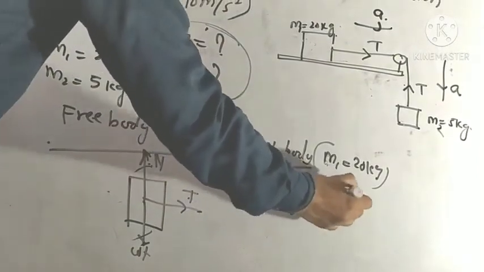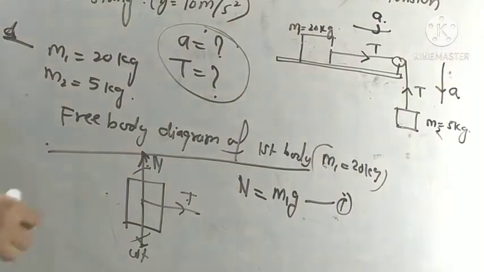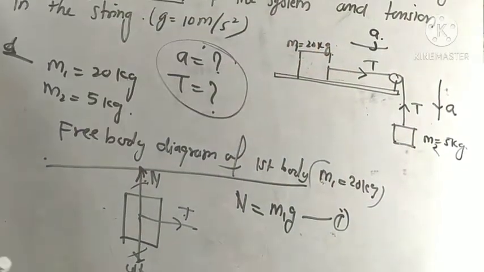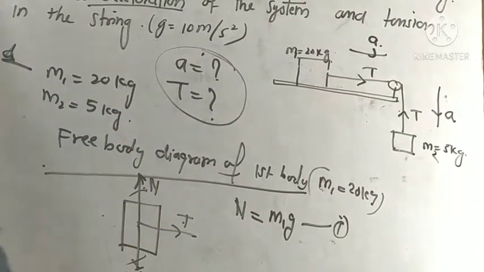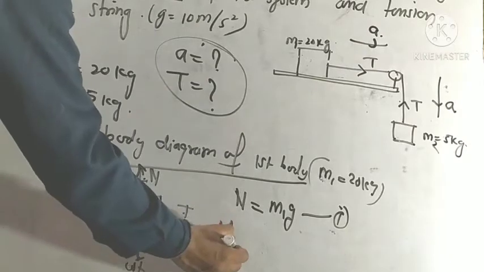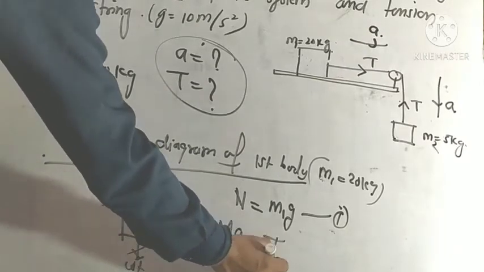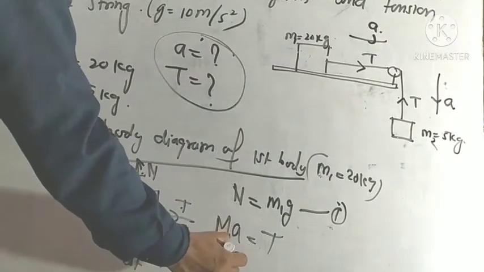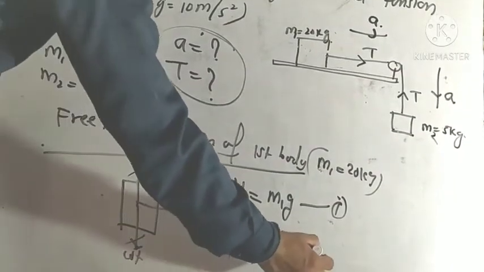We call it equation number 1. Now this body will move to the right-hand side with acceleration a, so the net force on this body is m1a, equal to tension T in the string. Putting the value of m1, 20 kg, 20a is equal to T. We call it equation number 2.